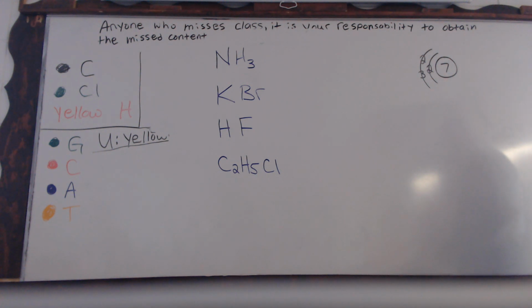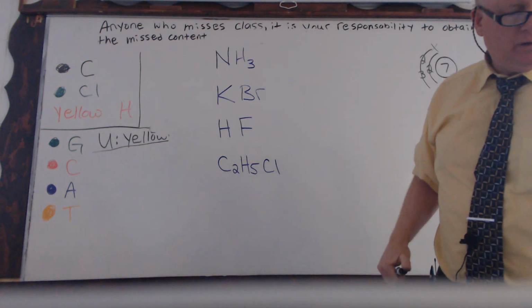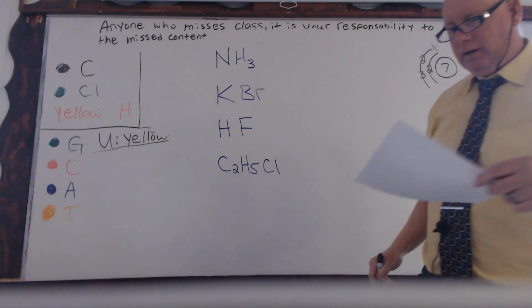Yes, it does. But that maybe doesn't help us with the nitrogen other than saying, here is our outer level, right here, and how many do we count? How many electrons? 5.